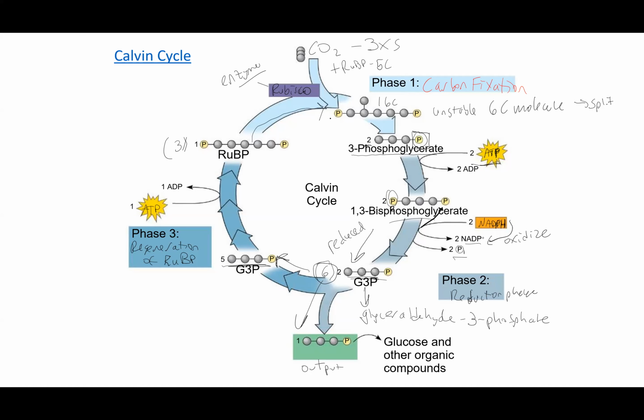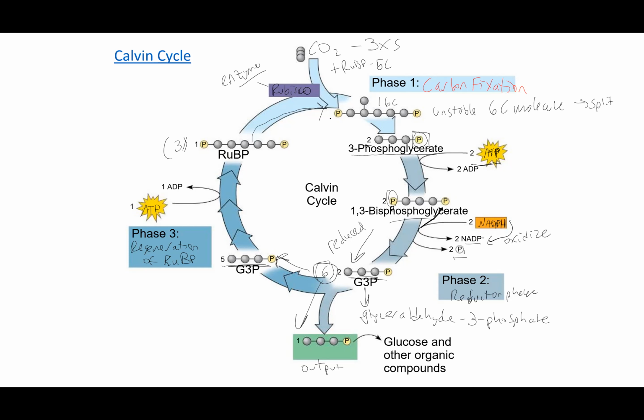What do we get out of this? We get NADP plus, so we get some empty electron carriers. What else do we get? We do get some inorganic phosphate groups. What is the point of this reaction? What did we make?